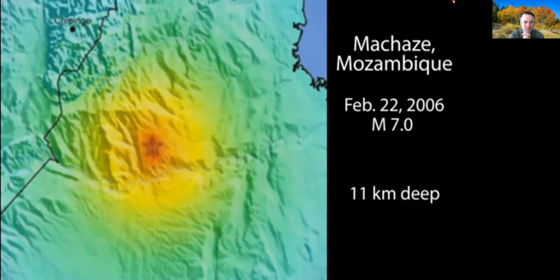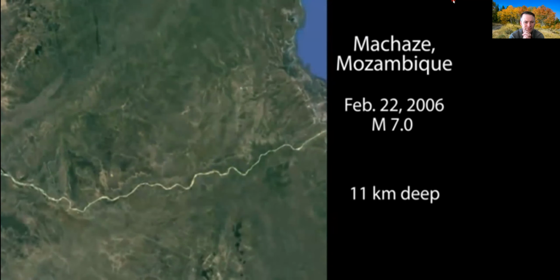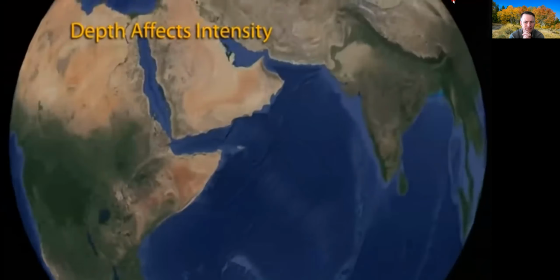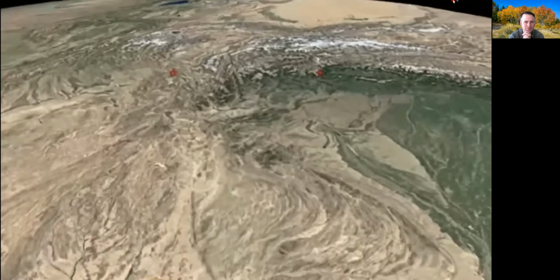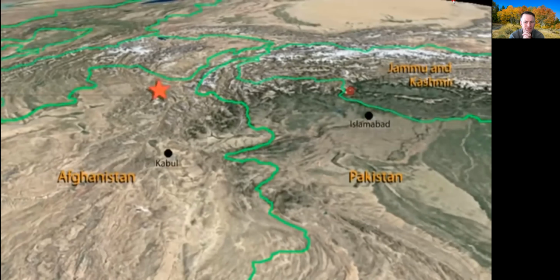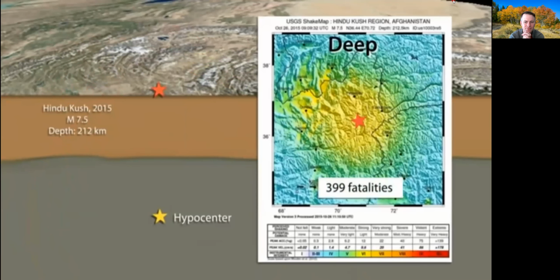Remember, earthquakes occur inside the Earth, not on Earth's surface, so let's consider the effect of earthquake depth on ground shaking intensity. Let's examine two earthquakes of the same magnitude with nearby epicenters, but with hypocenters at different depths. In 2015, the magnitude 7.5 Hindu Kush earthquake occurred 212 kilometers below Afghanistan.